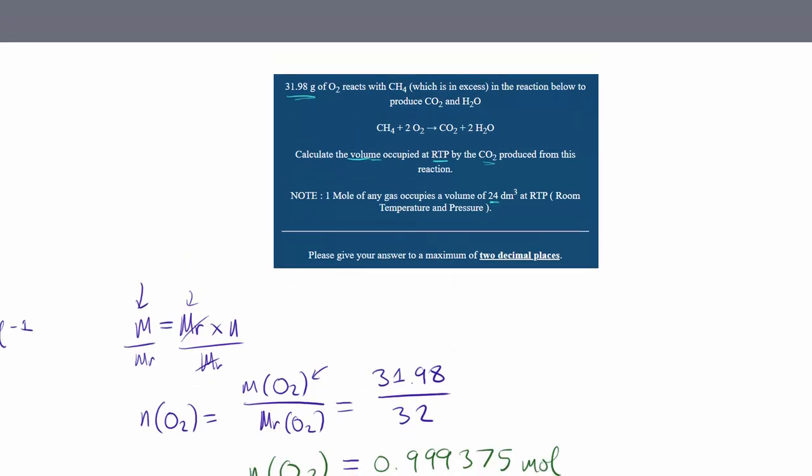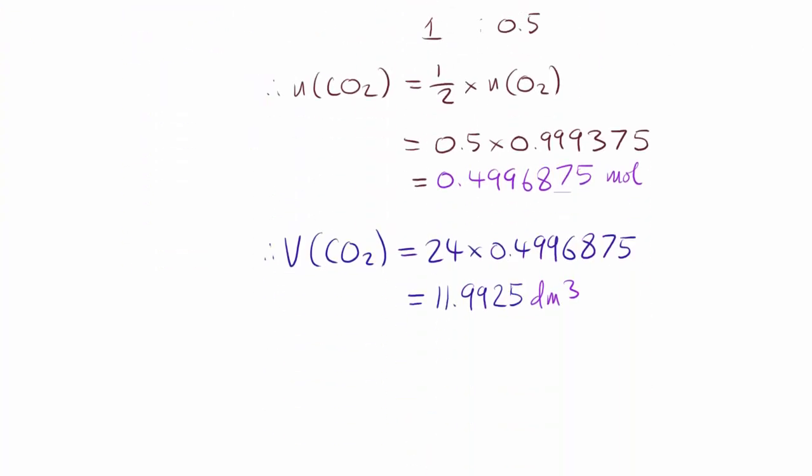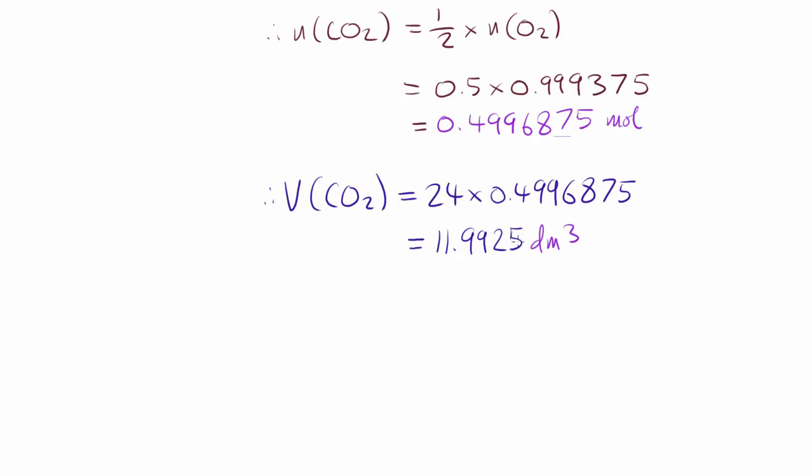Now, if we refer carefully to the question, it does specify that our answer needs to be given to a maximum of 2 decimal places. In this case, our answer so far is to 4 decimal places, so we do need to do some rounding to get to our final answer.